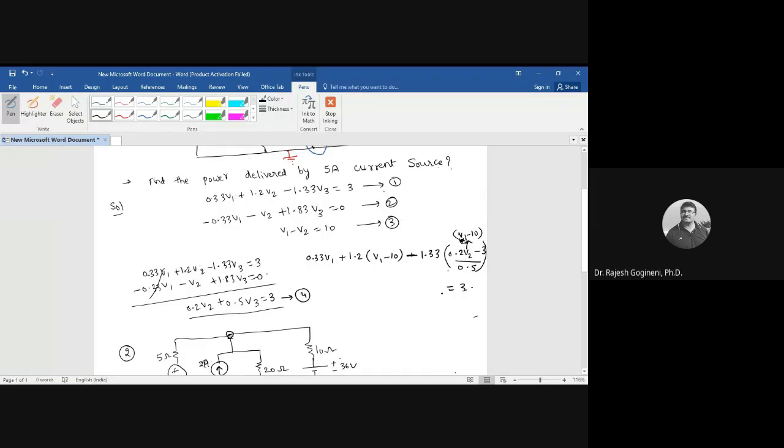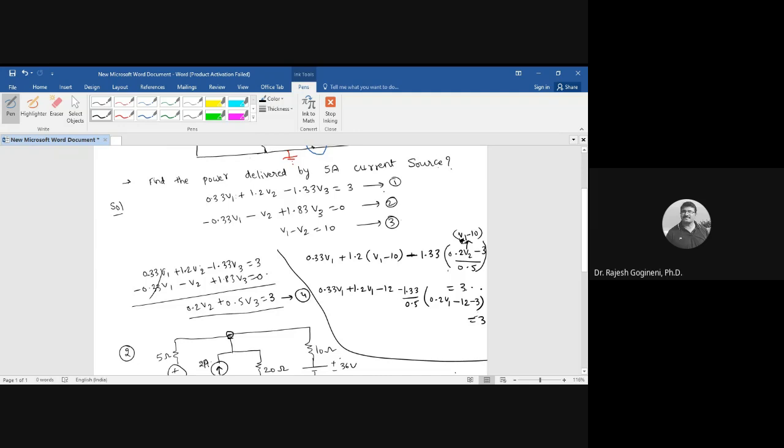So now we can simplify all, because this equation is completely converted into V1, only one unknown: 0.33 V1 plus 1.2 V1 minus 12, minus 1.33 by 0.5 into 0.2 V1 minus again 12 minus 3 equals 3.